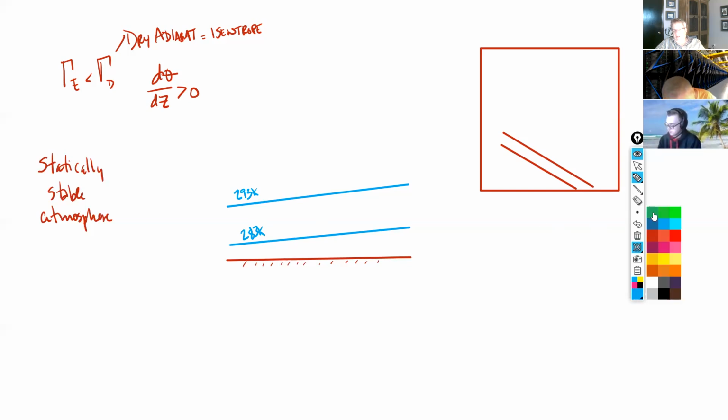Which is warmer? B. I think it would actually be A, wouldn't it?